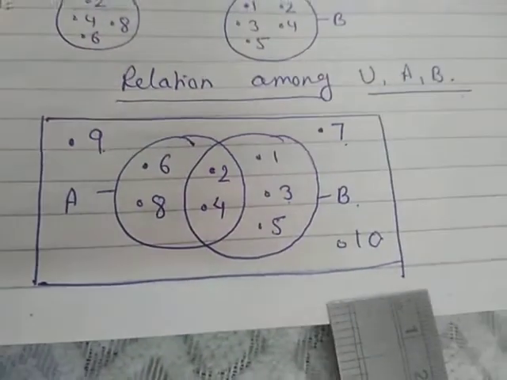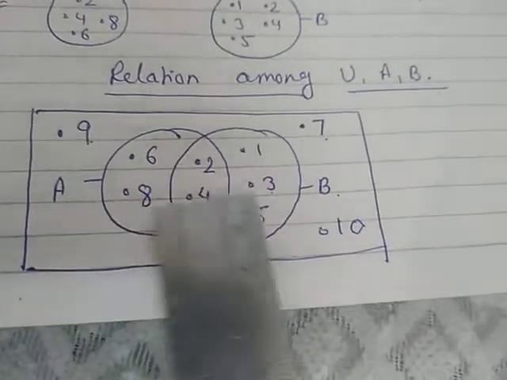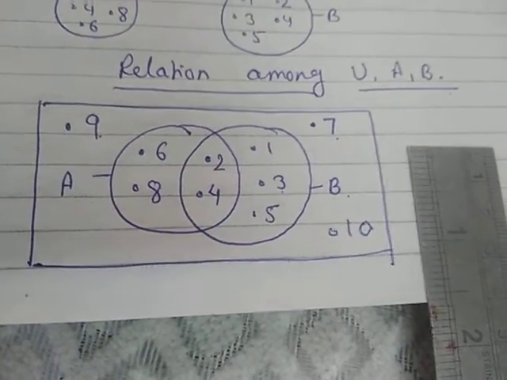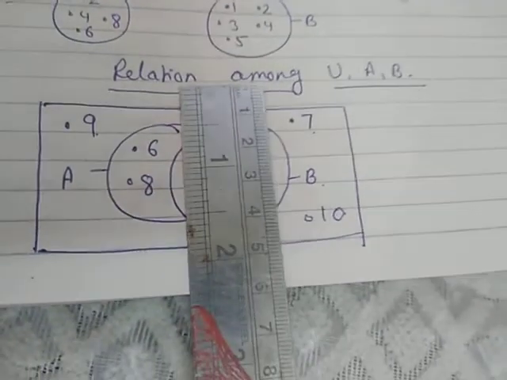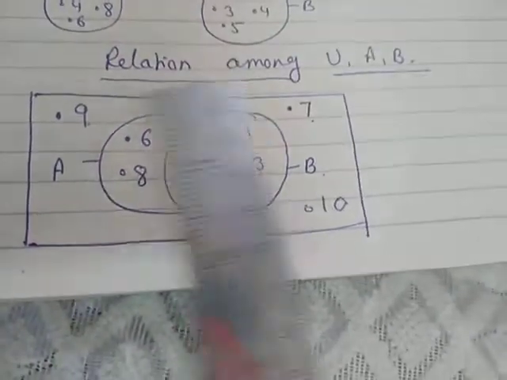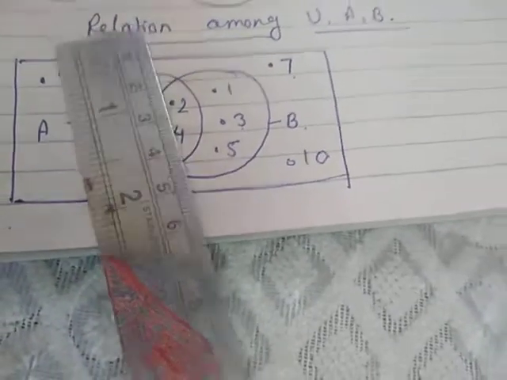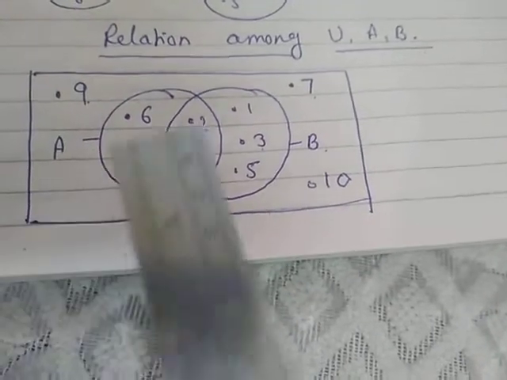Now as per this figure, check it out. 9, 7 and 10 are the elements which are not in A and not in B, but definitely they are in the universal set. Elements 6 and 8 are not in B. 1, 3, 5 are not in A, but in A, 6, 8, 2, 4 are the elements present.